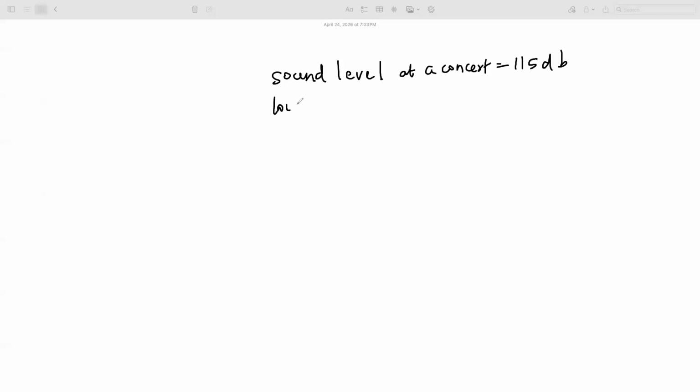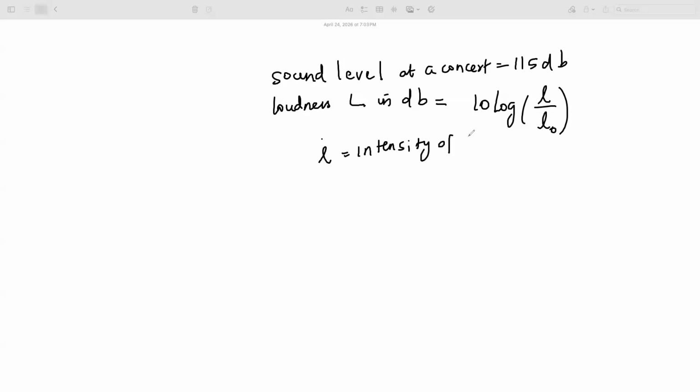Loudness L in decibels is given by 10 log (I divided by I original). I is the intensity of sound, and I0 is the intensity of audible sound.